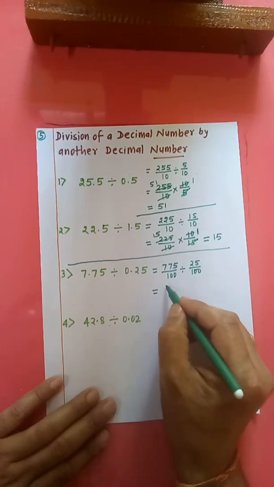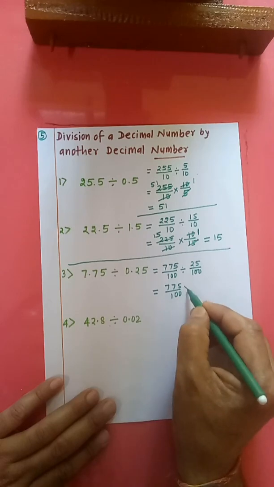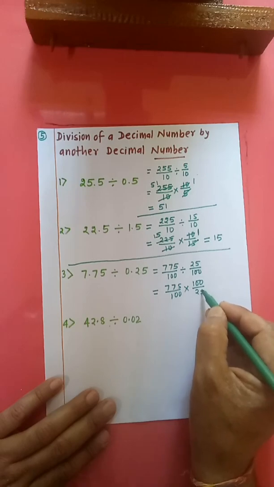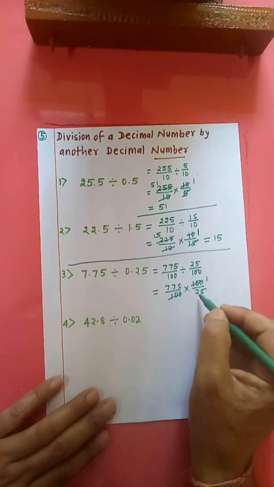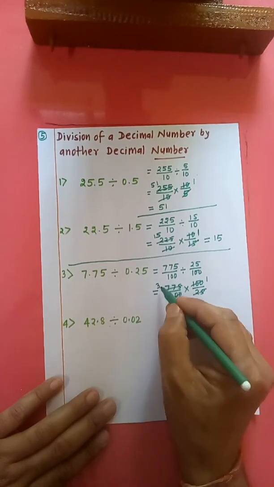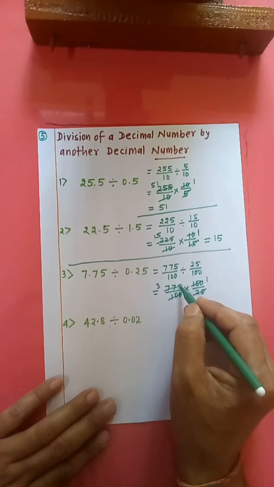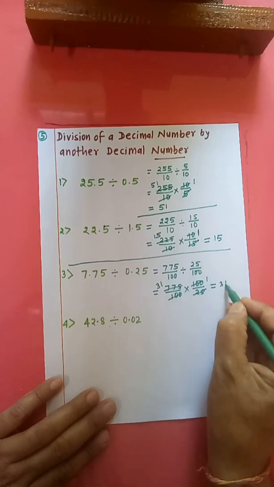Now convert division into multiplication. 775 upon 100 multiplied by 100 upon 25, which is the reciprocal of 25 upon 100. 100 100 cancel one times, and 25 3 ja 75, 77 minus 75 2, this is 25, 25 1 ja 25, so the final answer is 31.